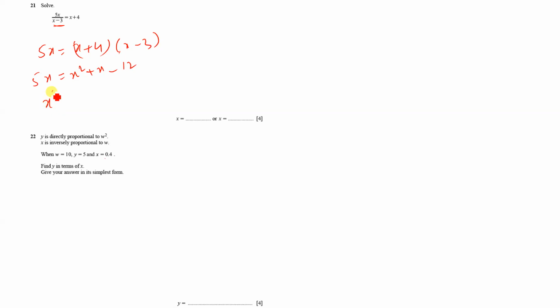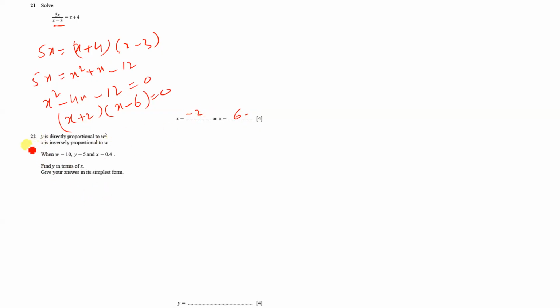So this becomes a quadratic equation, and its standard form would be x square minus 4x minus 12 equals 0. So its factors are x plus 2 and x minus 6. So x is equal to negative 2 or x is equal to 6.